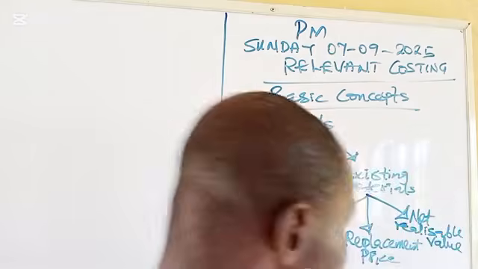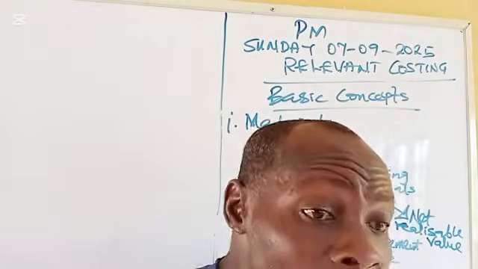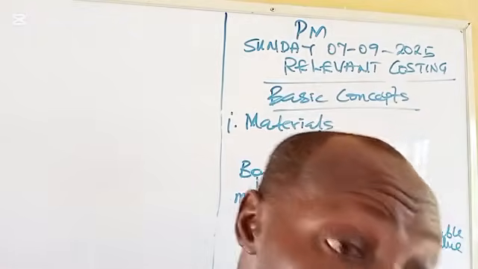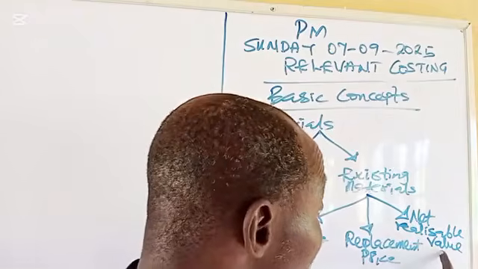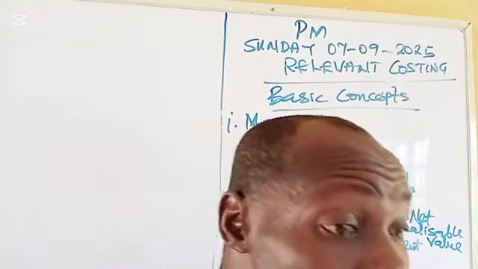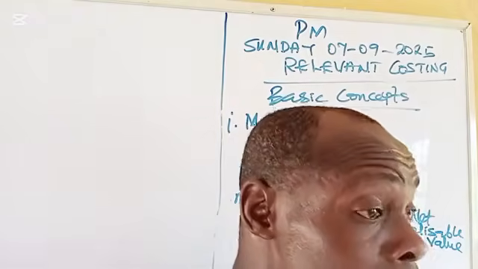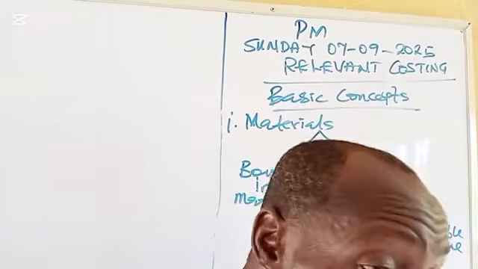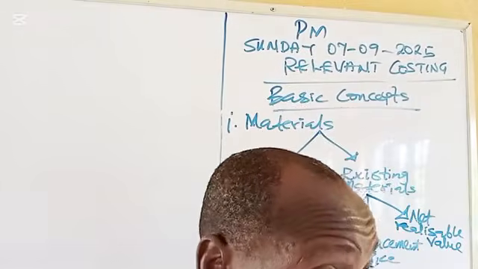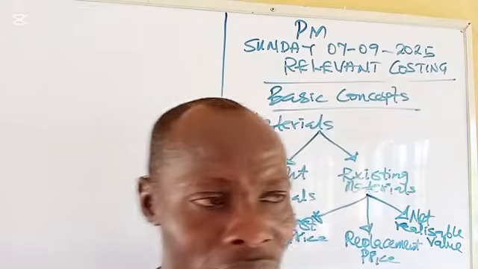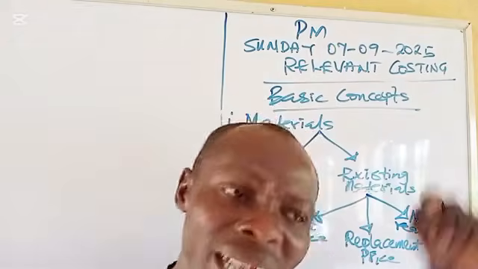When you don't need it. If the question tells you that this material is no longer required, the relevant cost will be the net realizable value. If you don't need it again, that means the only option left is to do what? To sell it.